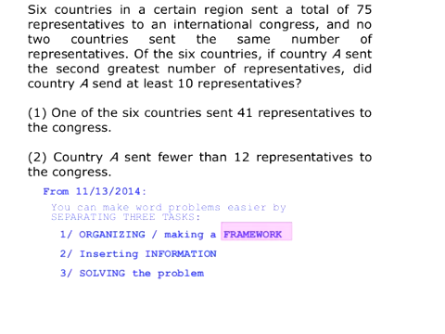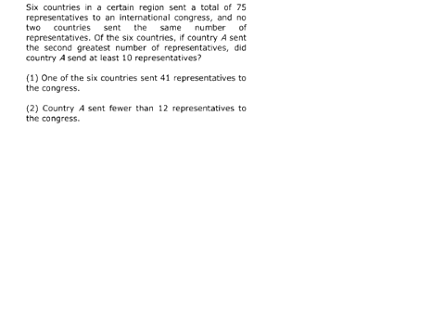And A through F. So let's just go ahead and do that on the next page. Same problem, a little bit smaller. Again, we're going to organize, then we're going to insert information, and only then are we going to solve.